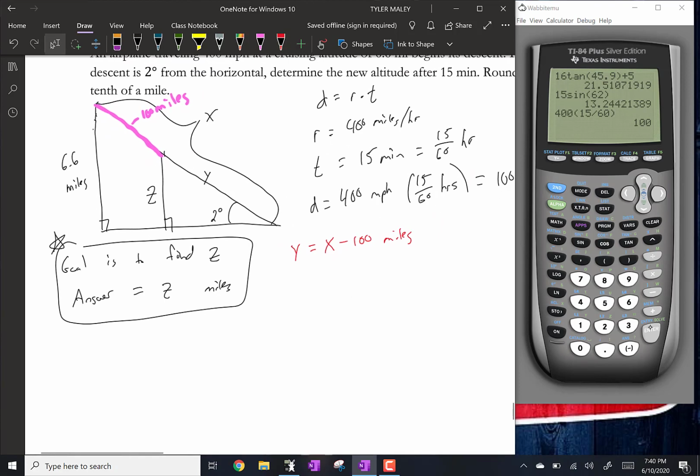So we're going to use 2 trig functions. We have this angle, and now I'm thinking about x and 6.6 miles, the big triangle. That deals with the opposite and the hypotenuse of 2 degrees, so I would use sine. Sine of 2 degrees is equal to 6.6 divided by x.